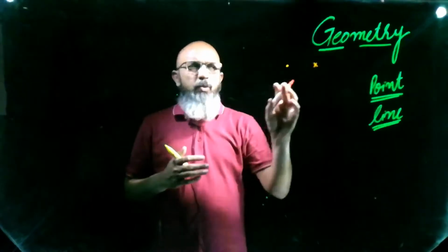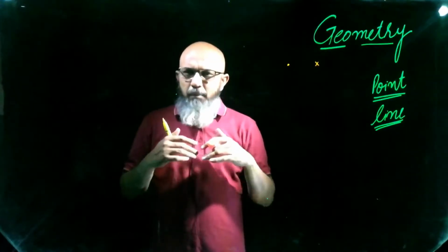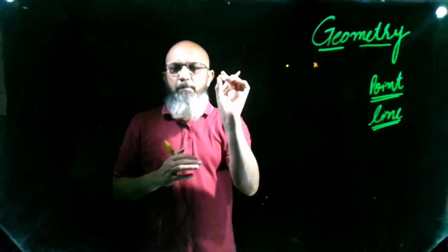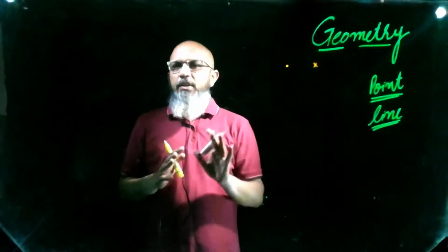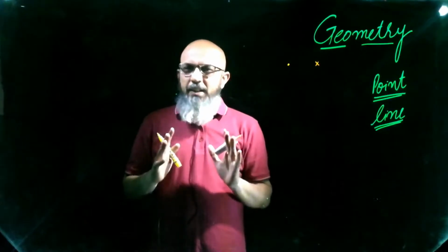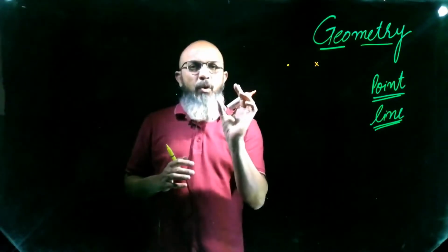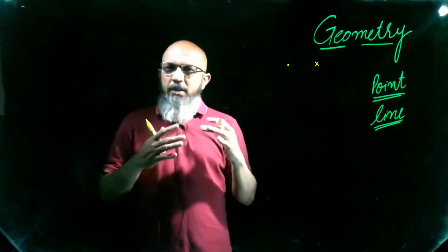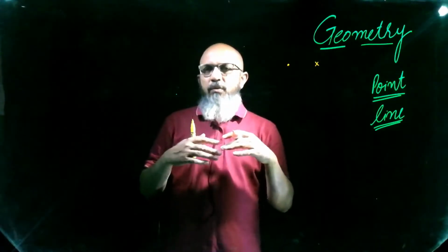In some cases we also show it by a cross, but in most of the geometrical shapes in your book we will show it by a simple dot. It does not have any size or shape. The point has only a position. A shape is a collection of a lot of points.